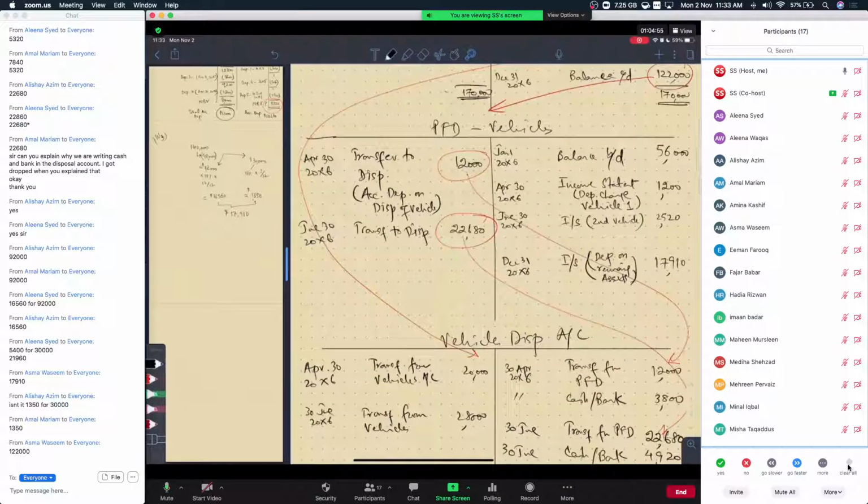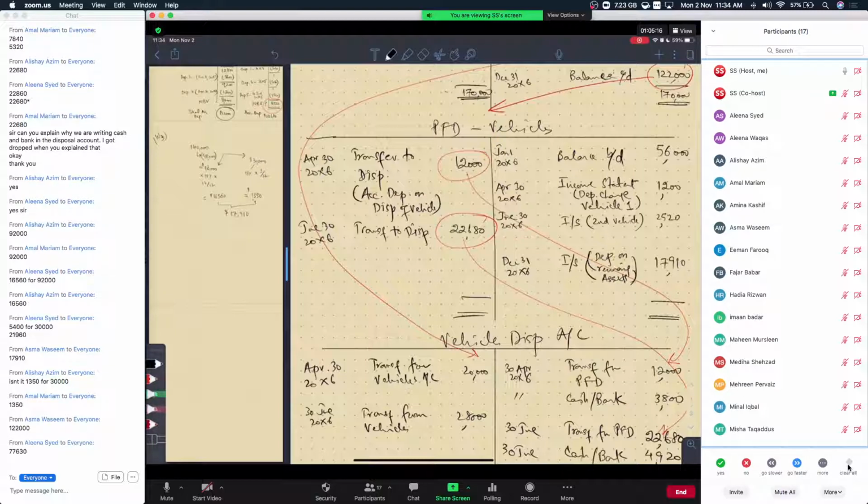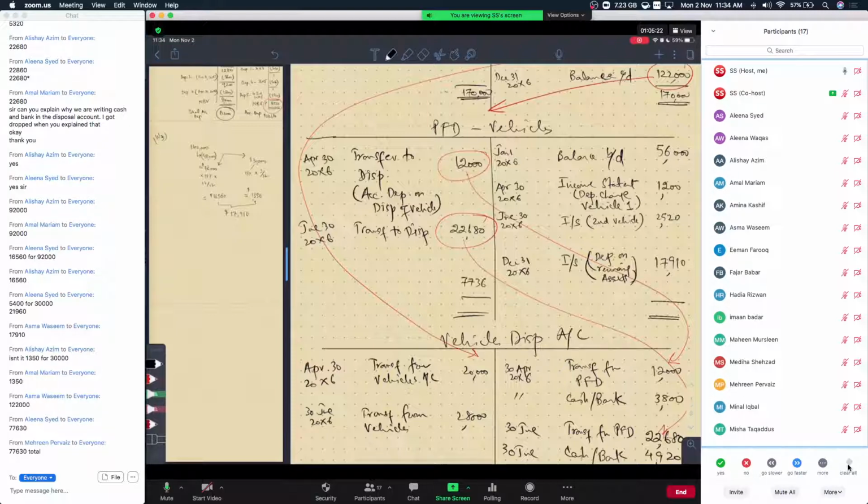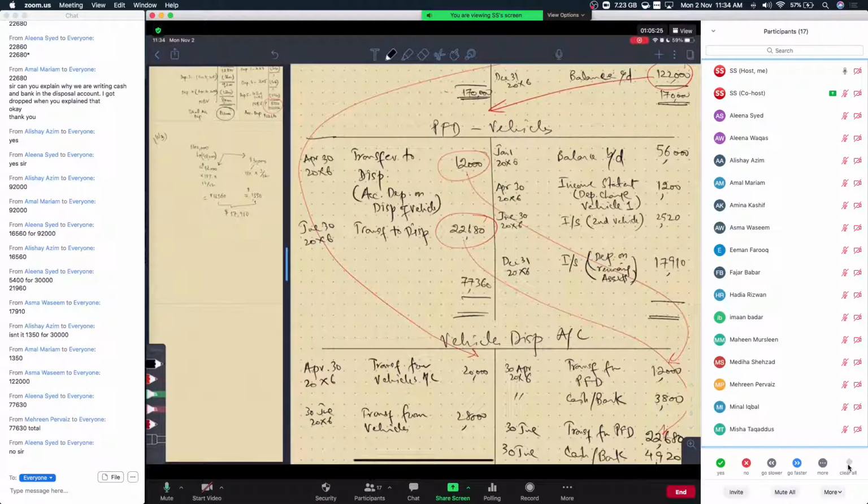In this case, the credit side is the bigger side. So can you please tell me the total here and the balance here? Balance carried down for provision for depreciation, please. This is the balance carried down, 77,360, right? I hope this is the balance carried down, not the total.